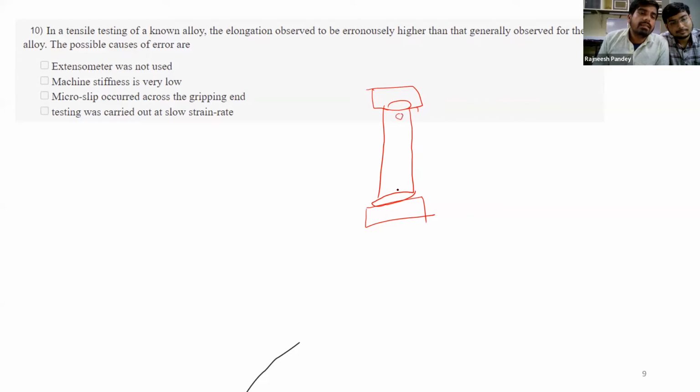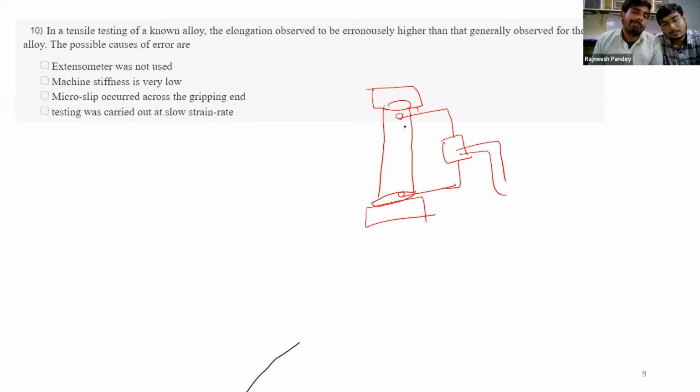In the gauge section, at the extreme ends, we put the extensometer in order to calculate an accurate value of elongation only in the gauge section. So it excludes everything above and below these points. It measures the change in length or dimension at the start and end of the gauge length only. It ignores everything above and below it.